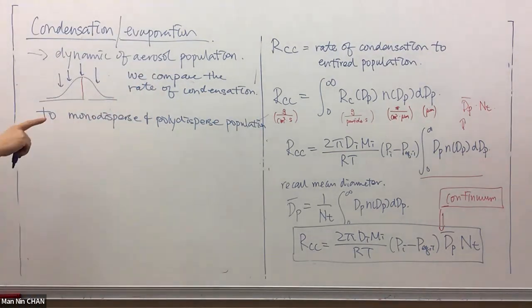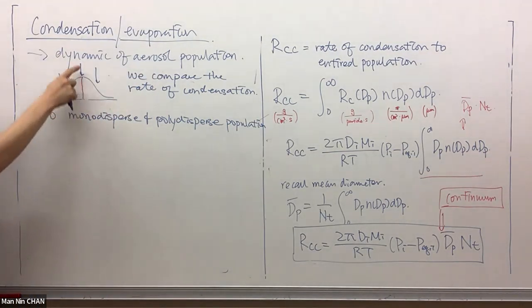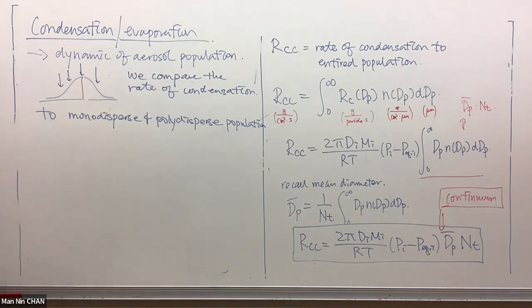Okay, just like I mentioned here, this is the monodispersed and then this is the polydispersed. But to compare these, of course, they can have different properties. To have a more meaningful comparison, let's say we assume they have the same total property.